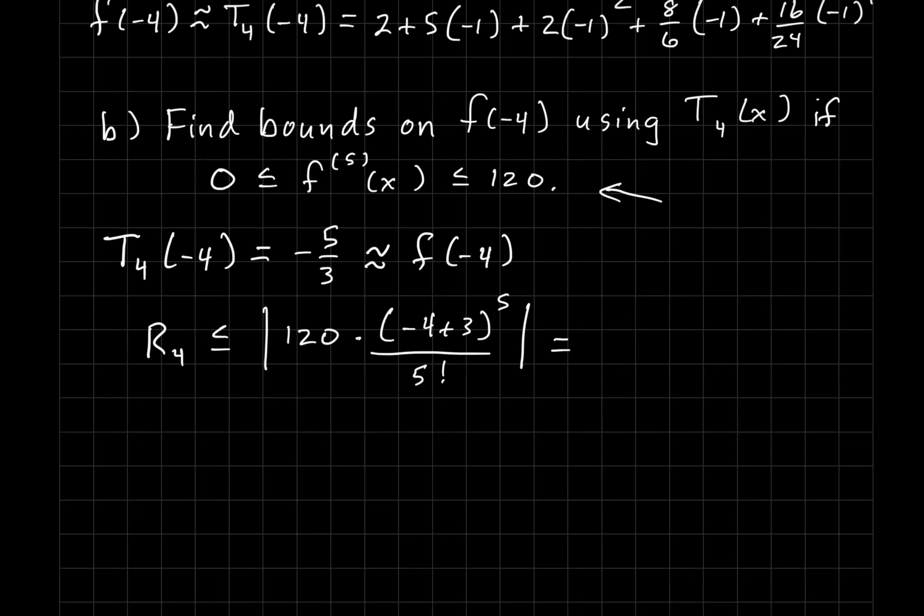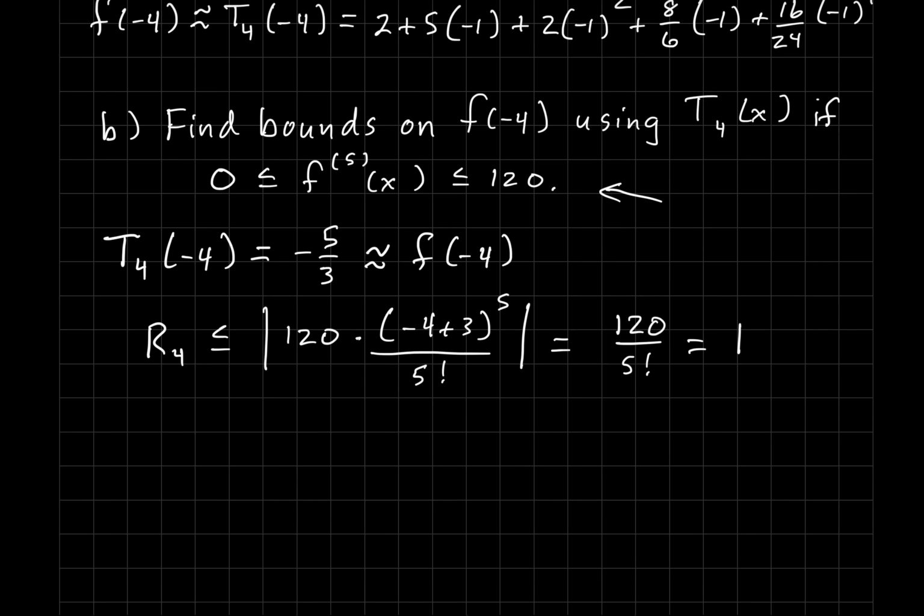Well, negative 1 to the fifth power is negative 1, but the absolute value gives me positive 1, which gives me 120 over 5 factorial, but 5 factorial is 120, so my remainder is no more than 1.